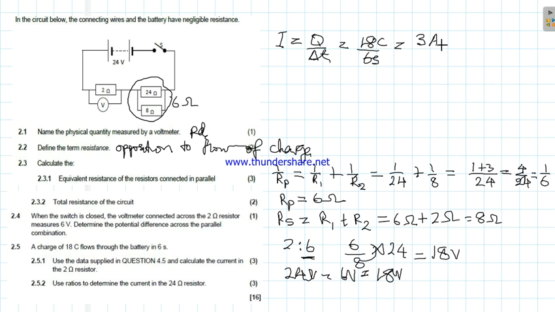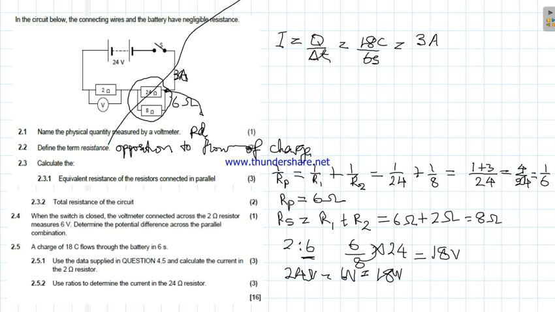the resistor there. Use the ratios to determine the current flowing through the 24 ohm resistor. Okay, right. So now we are saying this current, which is 3 amps, is flowing through here, but when it gets there, it gets divided.